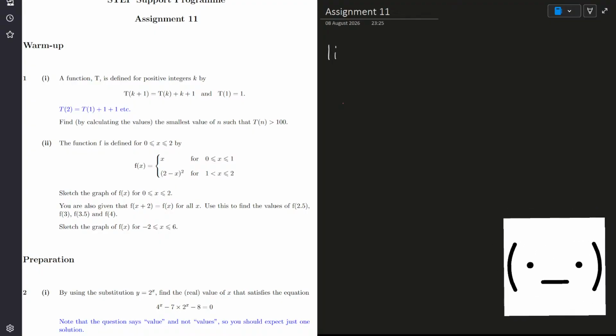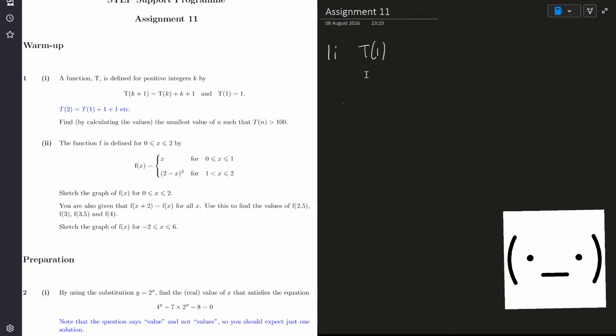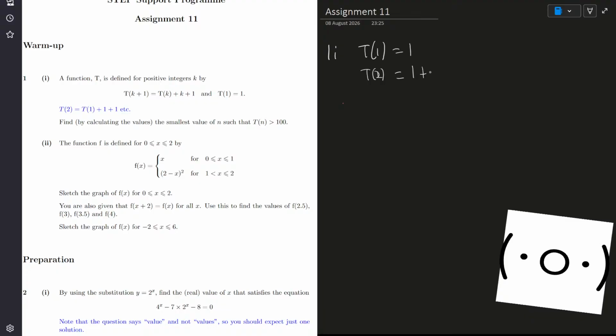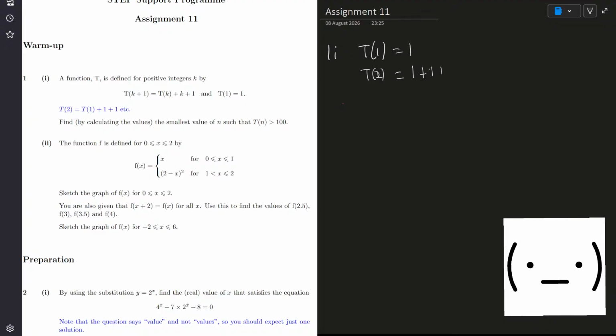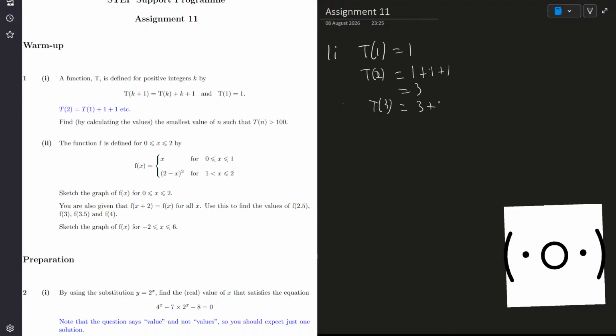So assignment 1. Function t defined for some integers where t, the base case, is 1. What? T, the base case? No, T1, the base case is 1. And it just goes up and up. That means it's 1 plus k, which is also 1, which is n plus 1, so for 3, t of 3 is 3 plus some k, which is what, 2?